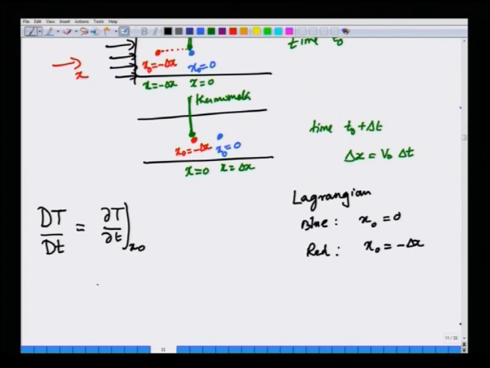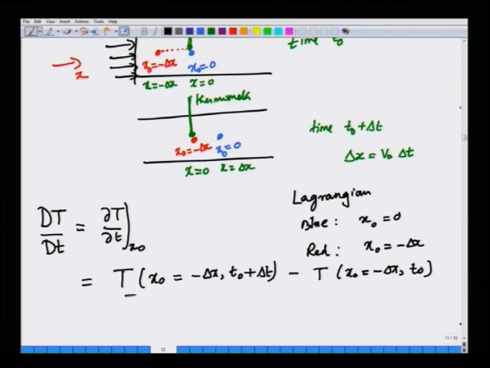So, this is nothing but, when you keep x naught constant, T of x naught, t naught plus delta t, minus T of x naught, t naught, divided by delta t, limit delta t going to 0. This is by definition what is the substantial derivative.